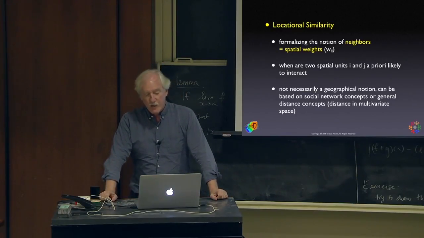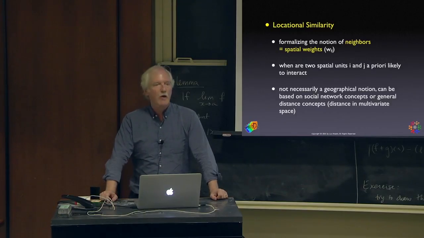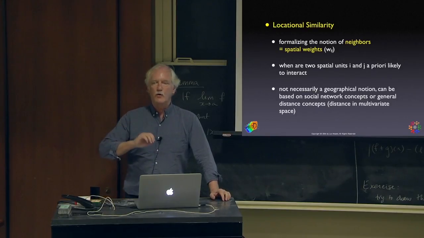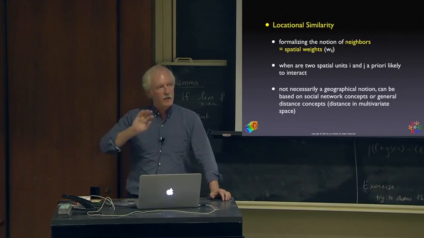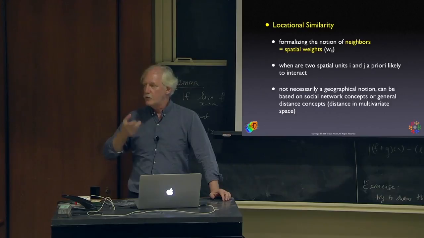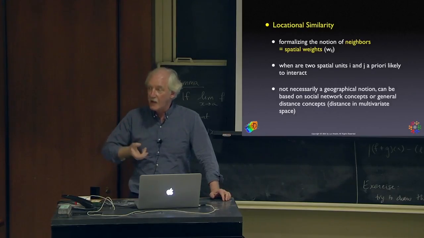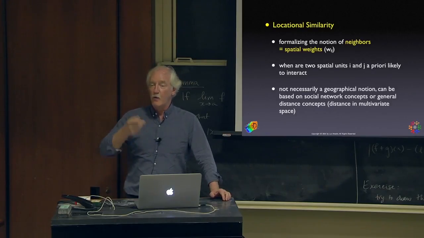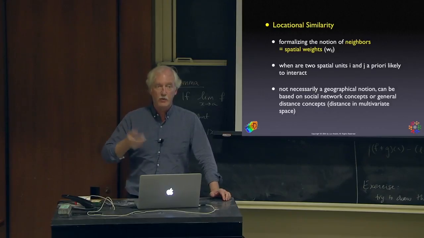So the spatial weights are, you can think of them almost like an a priori. When you think that two locations should interact, or you can think of it from the other approach, are two locations unlikely to interact? And we already know that because we have Tobler's law.